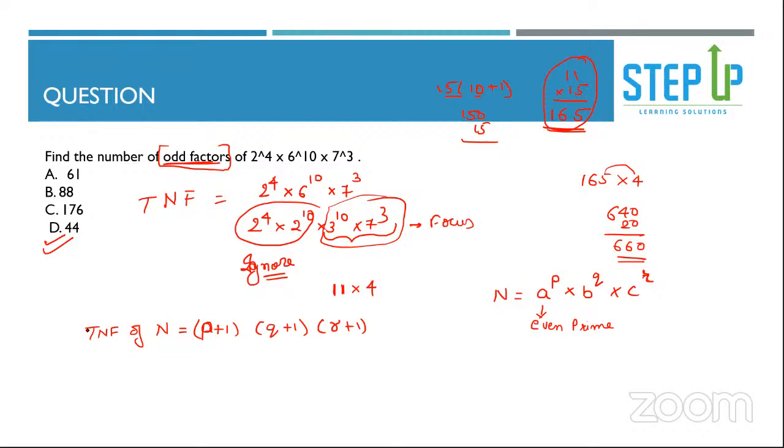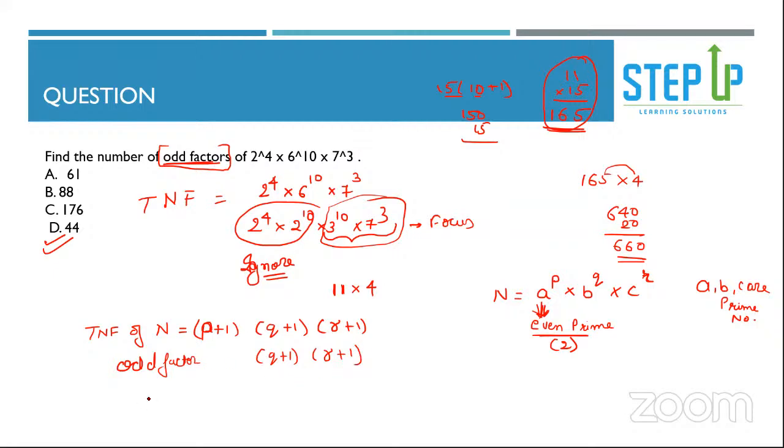Well, let me go ahead with odd factors first. We are considering a is an even prime number here. A, B, C are prime numbers, whereas A is the even prime number, and the only even prime number is 2. So for odd factors, we'll just take q plus 1 and r plus 1.